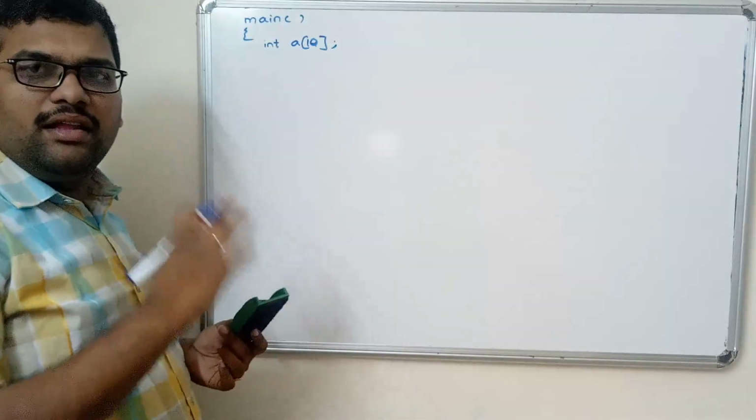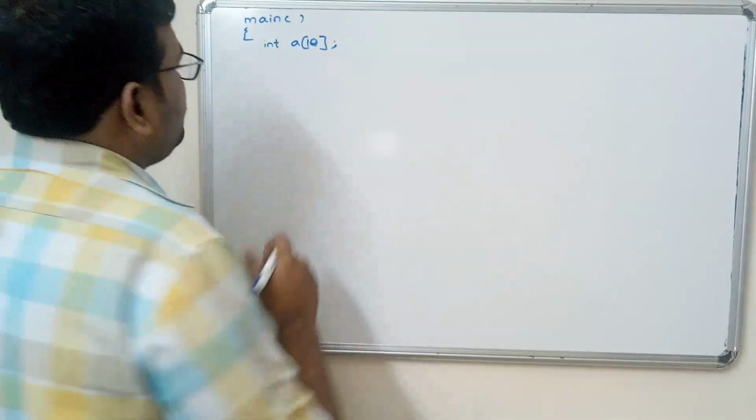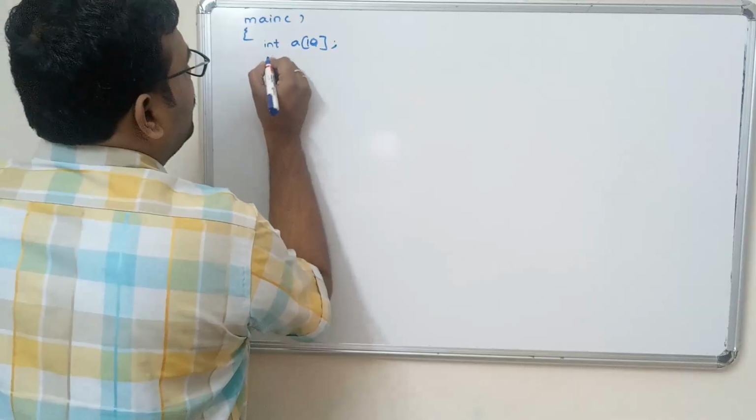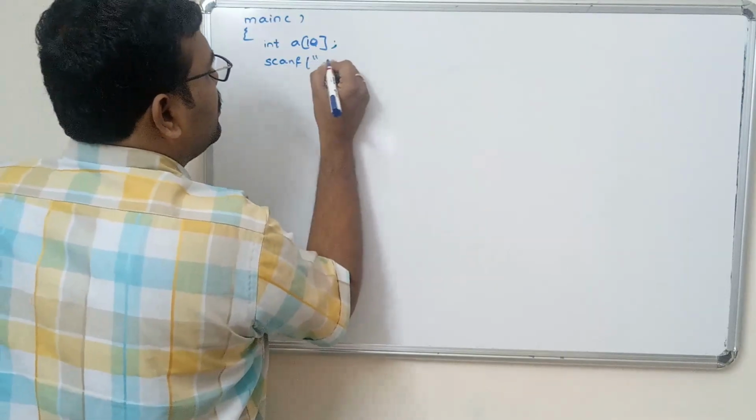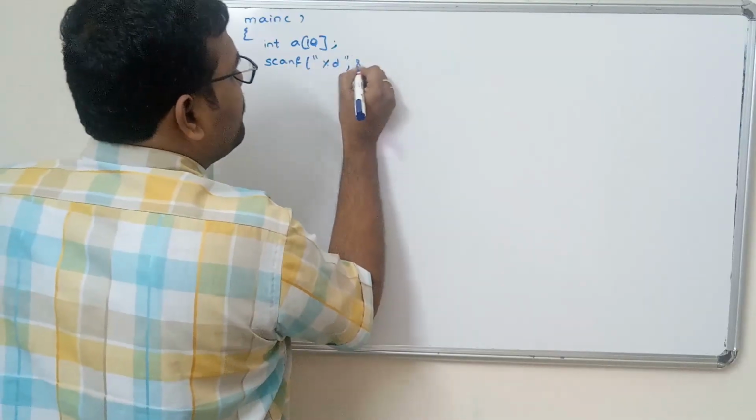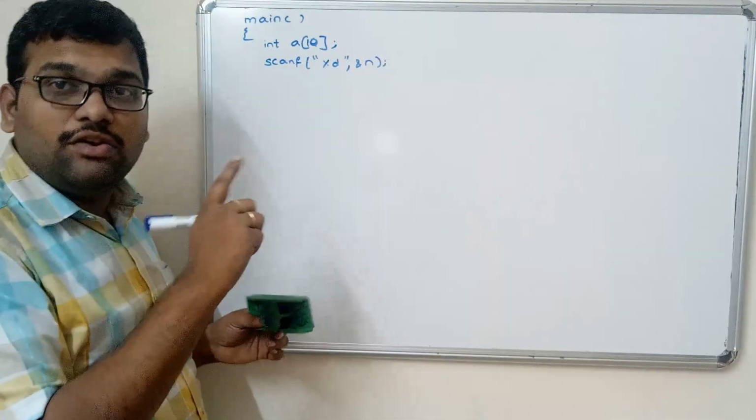Let us declare the array with size 10, and then scanf %d ampersand n, where n is the size of the array.